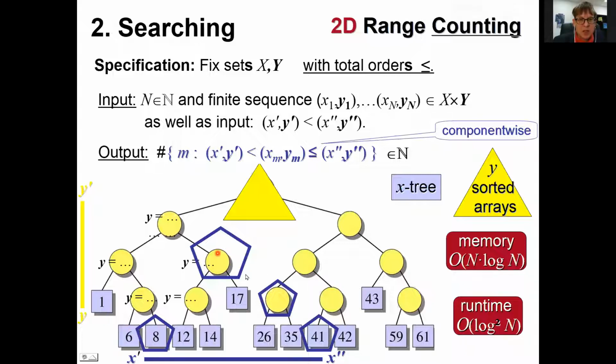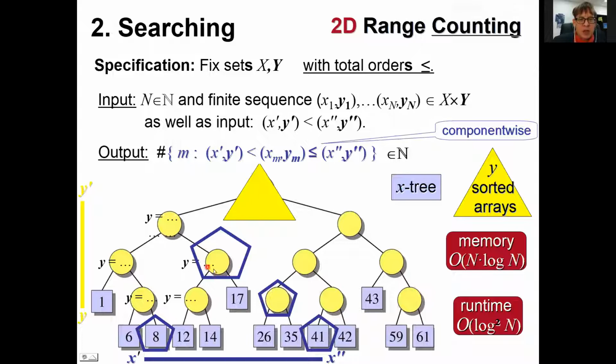And you see again here the ranges. Now again, I didn't tell you how to create such a tree, but with such a tree, we can now solve the two-dimensional range counting problem in sublinear time, again by moving down with respect to the x coordinates as in the previous case.